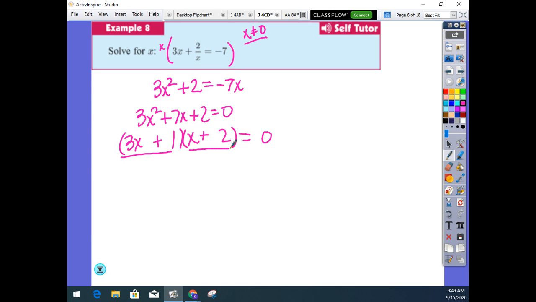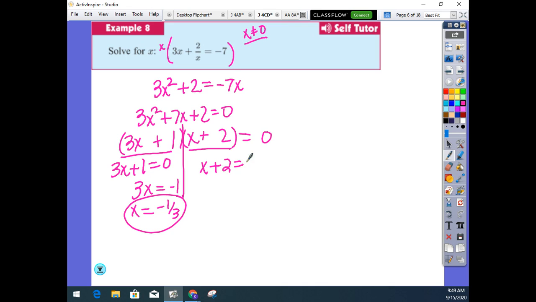Set each factor equal to 0. 3x plus 1 equals 0. Subtract 1. Divide by 3. There's my first solution. Set my second factor equal to 0. Solve for x. There's my second solution.